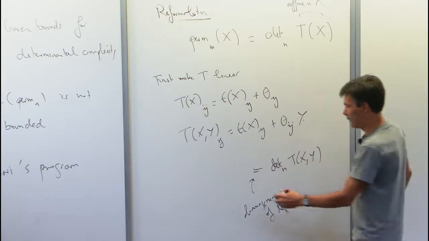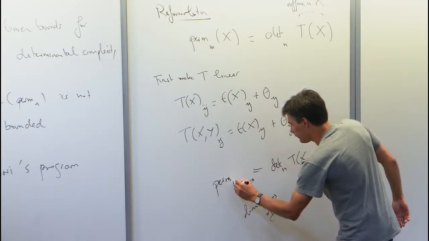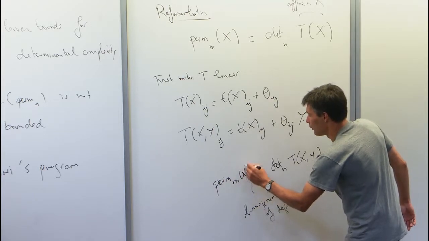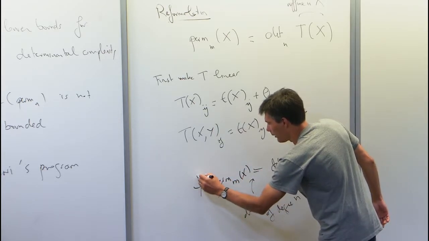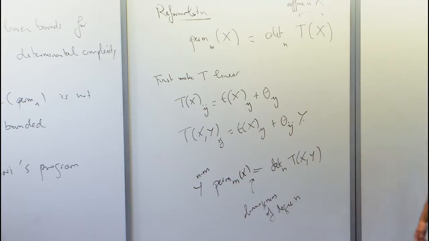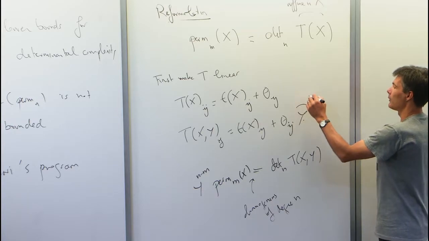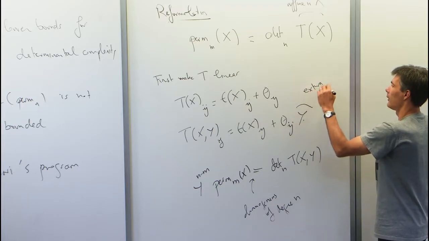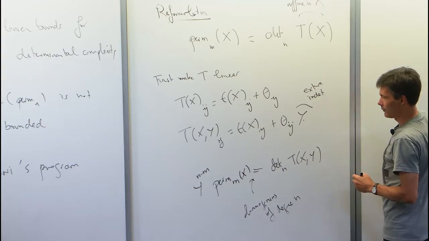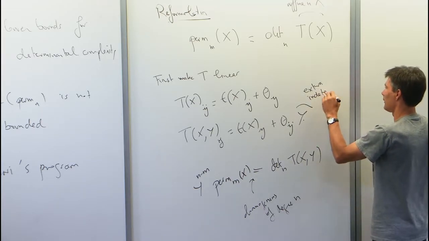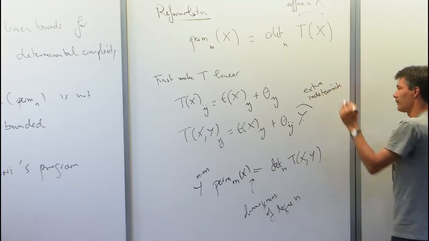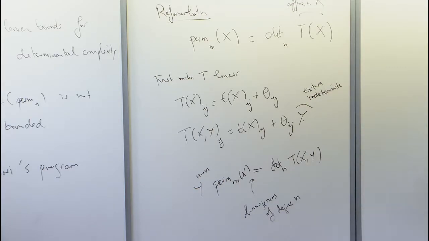So the only possibility is that when we do this operation, we get the permanent multiplied by some power of y, which makes it homogeneous of the relevant degree. Okay, so X is a matrix, y is a scalar, right? y is just another indeterminate, one extra indeterminate.